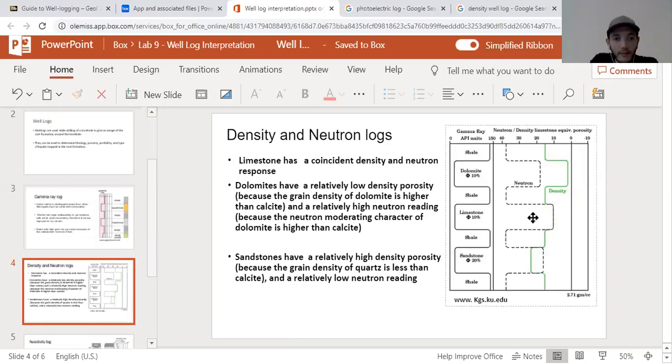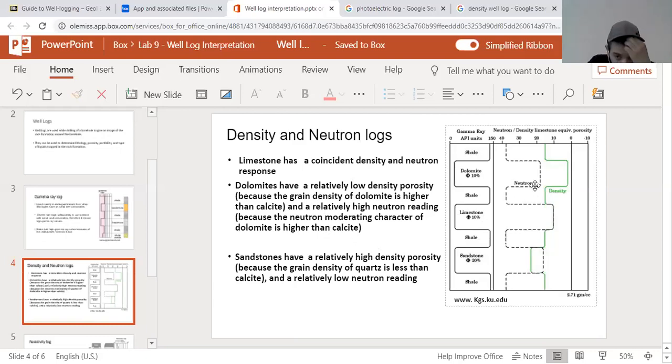Dolomite, on the other hand, has a relatively low density porosity because the grain density of the dolomite is higher than the calcite. What about the neutron? The dolomite has relatively high neutron readings because the neutron moderating character of the dolomite is higher than the calcite.